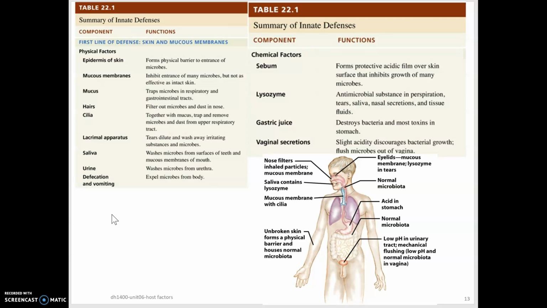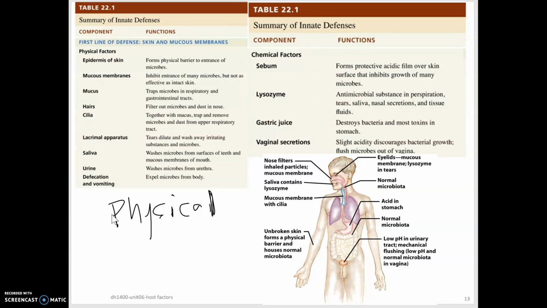On this part of the table right here, we're talking about physical defenses. And physical defenses mean how we're going to physically prevent microorganisms from causing infection.